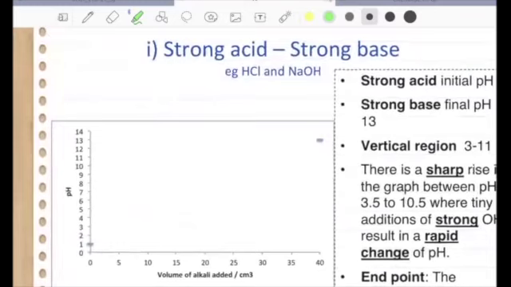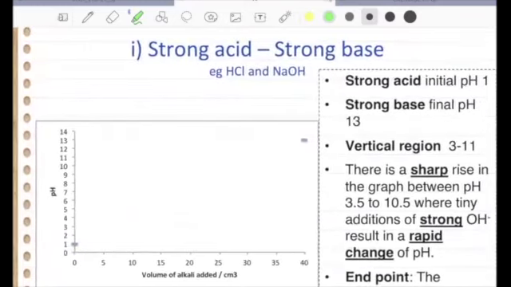Here we have the first type of pH curve, which is of strong acid and strong base. So the sketch will be the same for any strong acid you use to react with any strong base. Here, for our example, we are using HCl and NaOH.